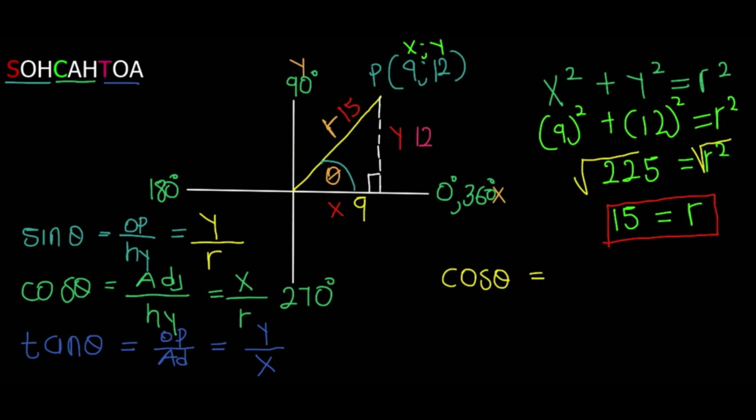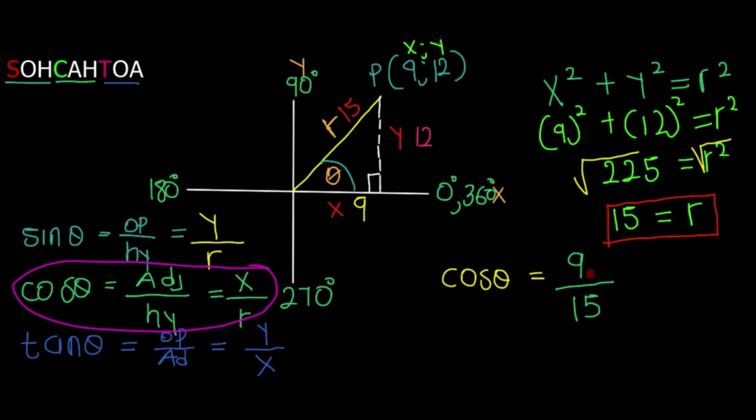So we are looking for the value of cos theta. We know cos theta is this one, adjacent over hypotenuse, which is x over r. This means we will substitute the value of x and r. The value of x we have, which is 9, and then the value of r we have found, which is 15. If we had not used the theorem of Pythagoras, we would not have the value of r.